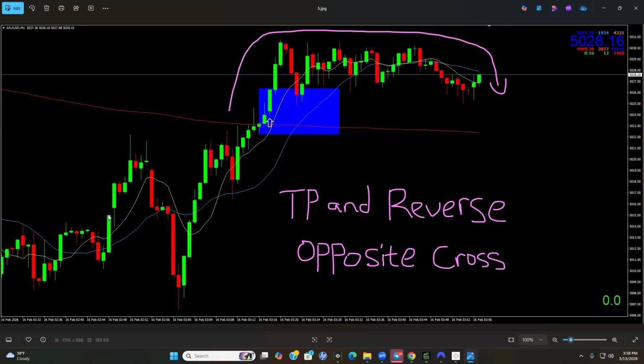That was also the entry candle. So you can see there are going to be variations. There are going to be some slight differences, some nuances. It's not going to be textbook.